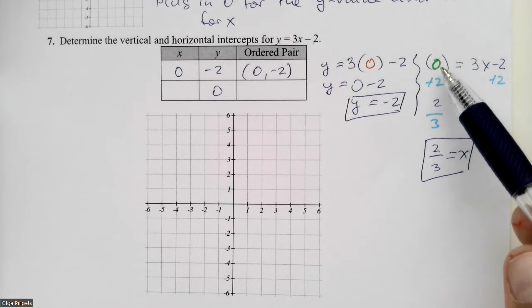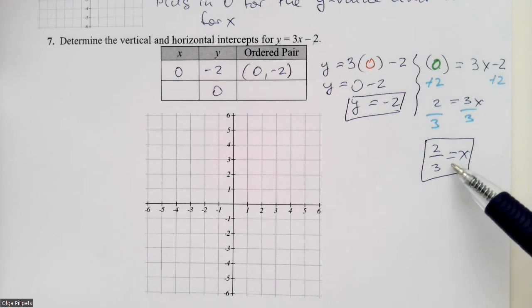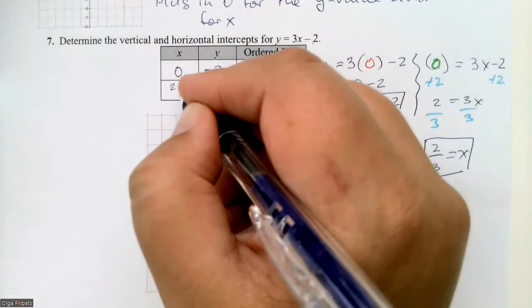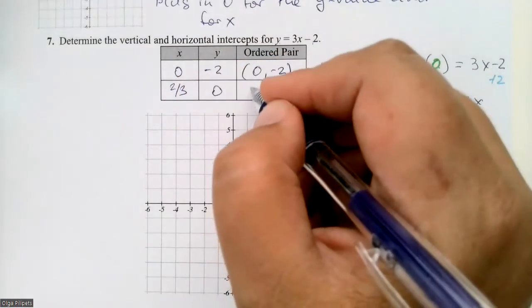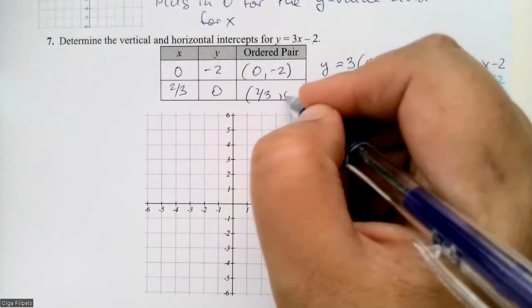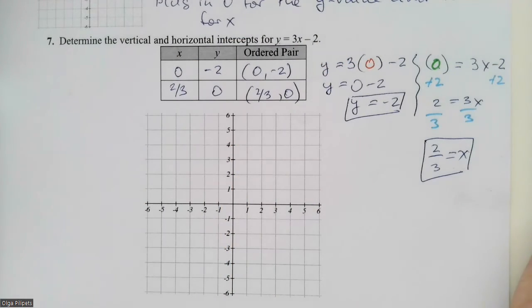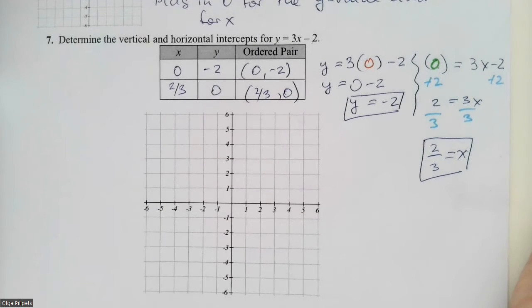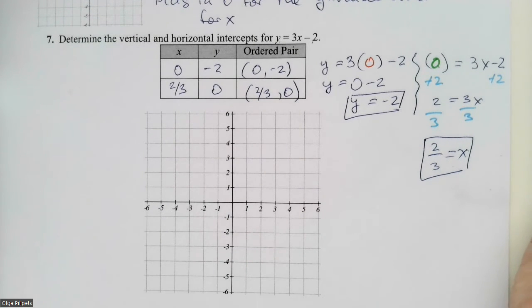So when y equals 0, x equals 2/3. So right here, we have the point (2/3, 0), and that's my x-intercept or horizontal intercept.